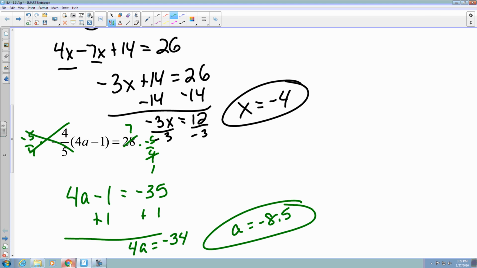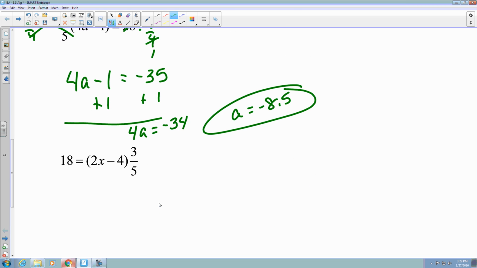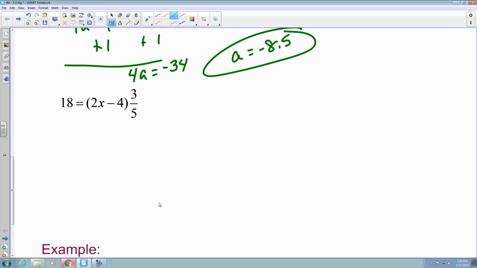Okay, so going down to the next one, very similar to the situation we had in the previous example. I'm going to multiply by the reciprocal, so it's going to be positive 5/3. Positive 5/3. These cancel here, so now I got 2x minus 4 on the right hand side.